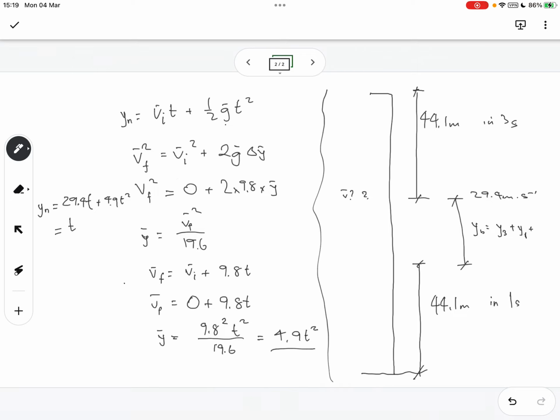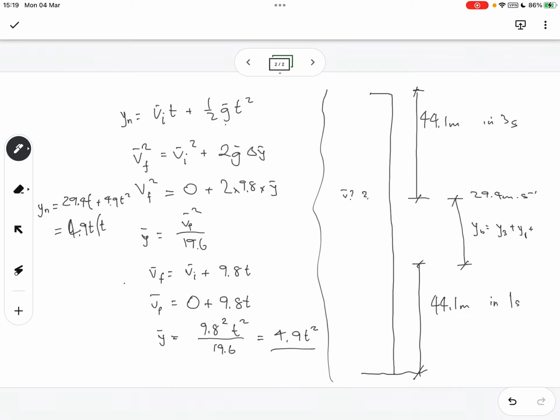So we'll say 29.4 t plus 4.9 t squared. If we take out t, then what's this divided by 4.9?